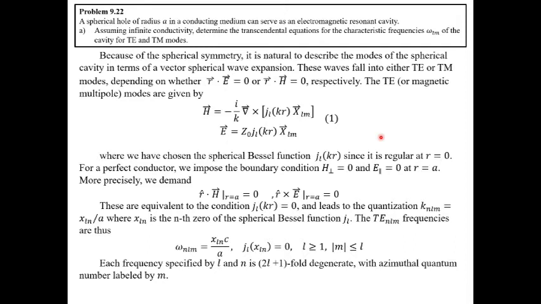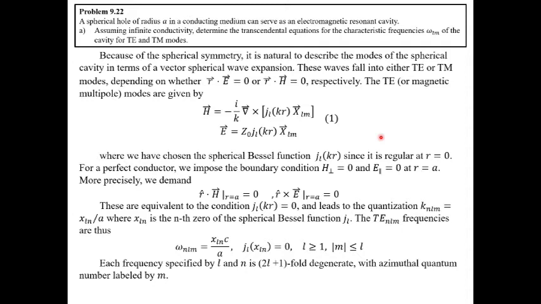These are equivalent to the condition j_l of ka equals 0 and lead to the quantization k_nl equals x_ln over a, where x_ln is the n-th zero of the spherical Bessel function j_l. The TE frequencies are thus omega_nl equals x_ln times c over a, j_l of x_ln equals 0, and l larger or equal to 1, and |m| has to be less than or equal to l.